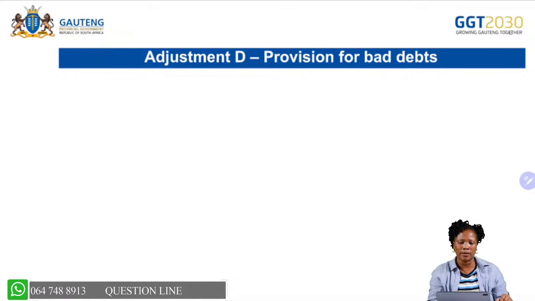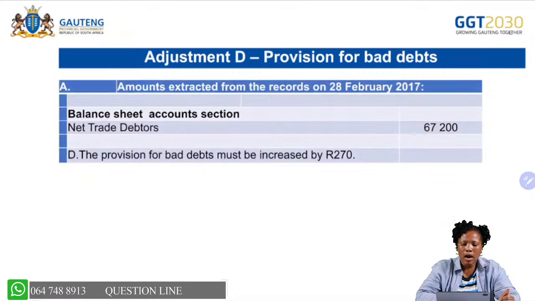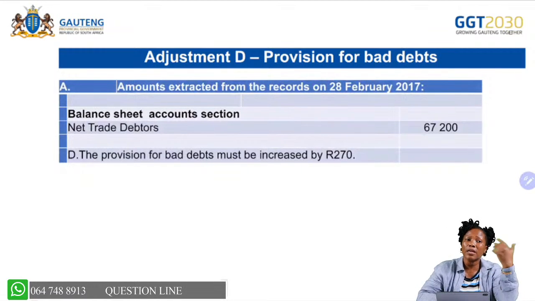It's an easy one. Let's look at the provision for bad debts. Our adjustment says the provision for bad debts must be increased by 270. And when you go to the previous structure that you have in front of you, we are only given 67,200 rands for our net trade debtors.